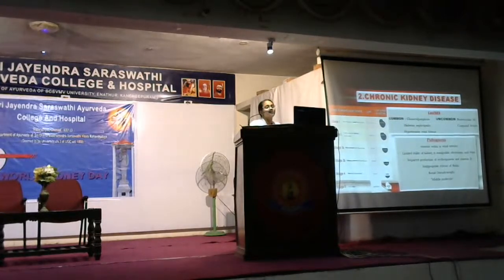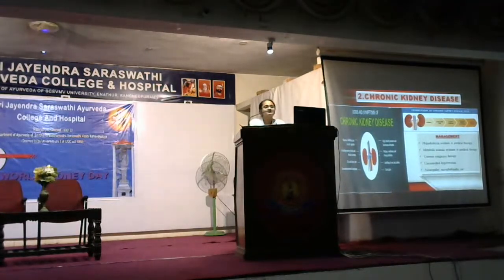This will lead to pathologies like uremic toxins in the body, impaired production of erythropoietin and vitamin D, renal osteodystrophy, and middle molecules. These middle molecules are nothing but the uremic toxins getting accumulated in the body. So here I have brought this pathophysiology in order to understand it, and accordingly, after understanding the pathogenesis, we can directly go for the treatment.